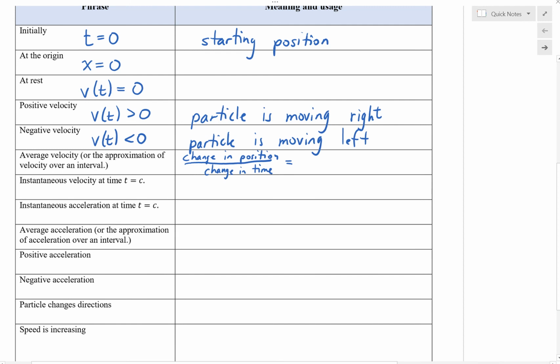We use the position function to calculate the average velocity, so this could be s of b minus s of a over b minus a. Another way to think of this is the slope of the secant line for s of t.